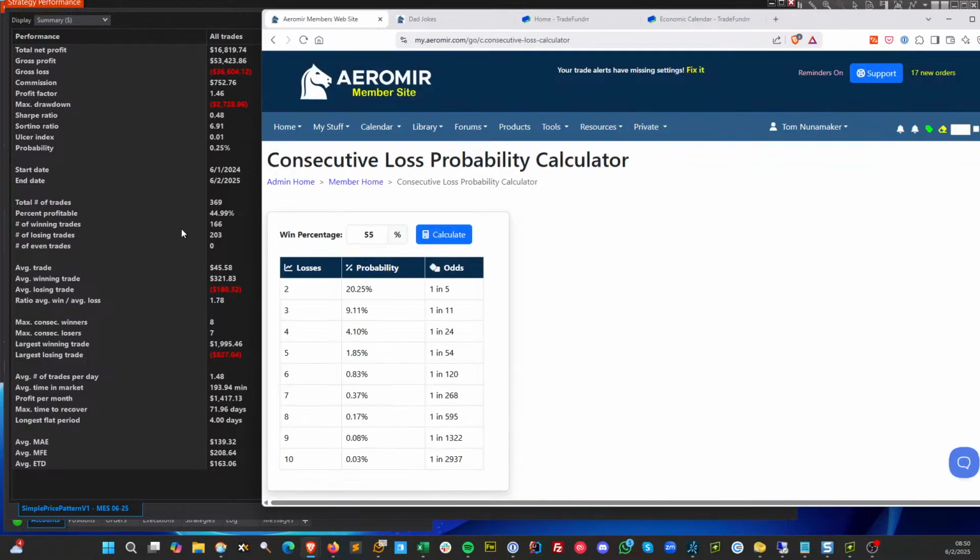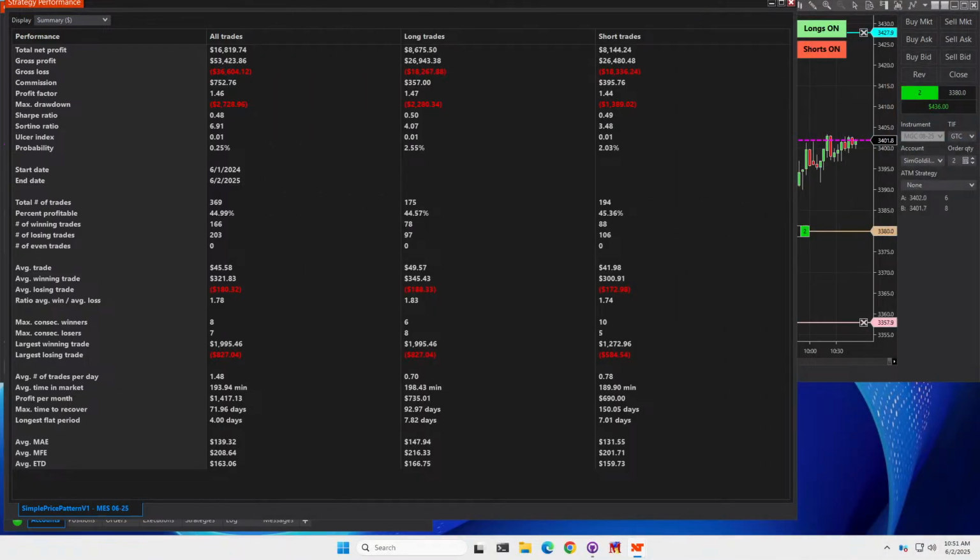So we can plug in this 44.99%. And we can see if there's 220, 250 trading days in a year, you're going to have a reasonable probability of having 9 losers in a row. So that's why you want a little bit higher win rate if you can.